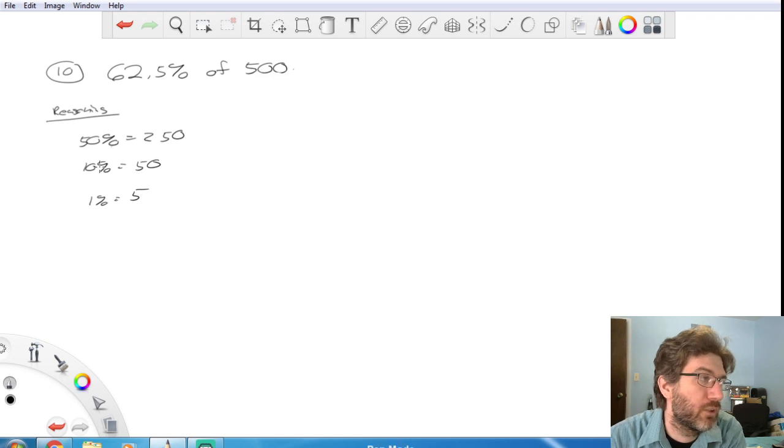You then have to use these numbers to add up to 62.5. Well, here we'll get 0.5%. 0.5% is half of 1%, so half of 5 would be 2.5. Then we have to add them up. You got 50% plus 10% gives you 60, plus a 2%, which you can figure out easily is 10, because that would be twice as many as 1%, and then 0.5%.